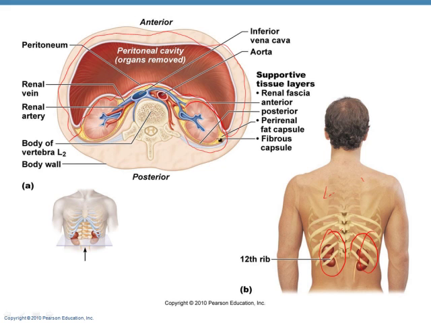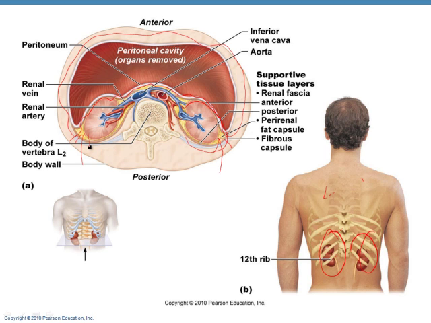I'm blind today, so I can't see my pen. What's that stuff? Fat. And that's important. So fat is going to be not only providing energy like it does in all the other places that we've talked about it, but it's also going to be very important to provide protection for those retroperitoneal organs.